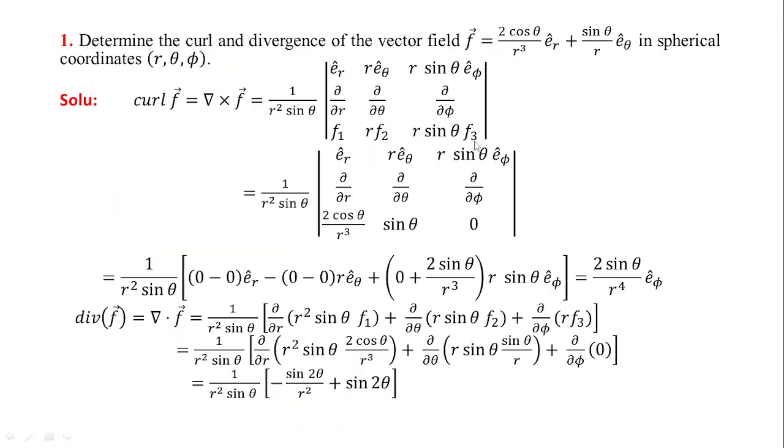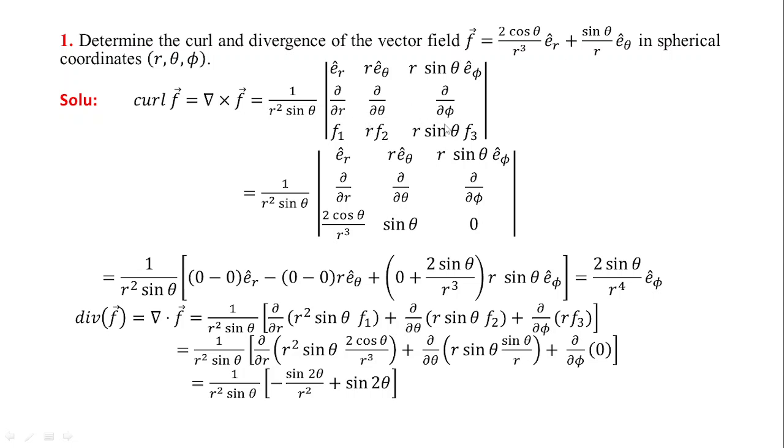Let us take one example. Determine the curl and divergence of the vector field f is equal to 2 cos theta by r cube er plus sin theta by r e theta in spherical coordinates r, theta and phi. In this vector field, 2 cos theta by r cube, sin theta by r and 0 are the components of vector field f.